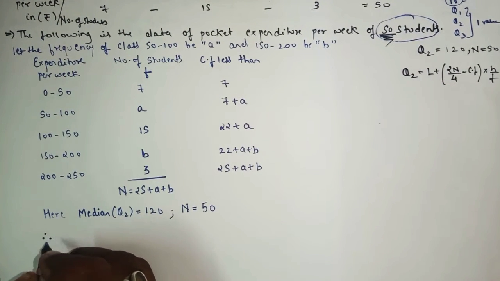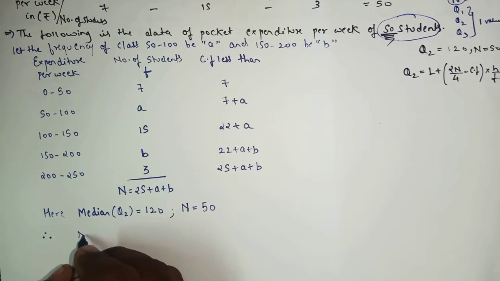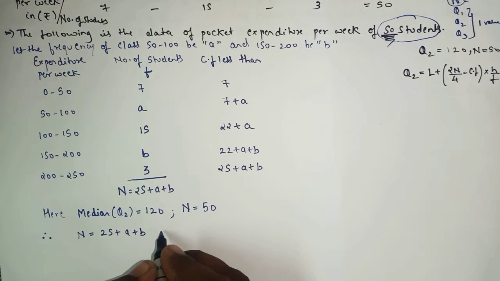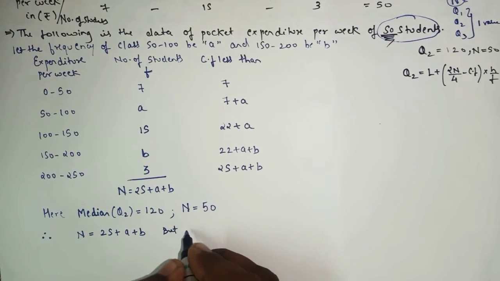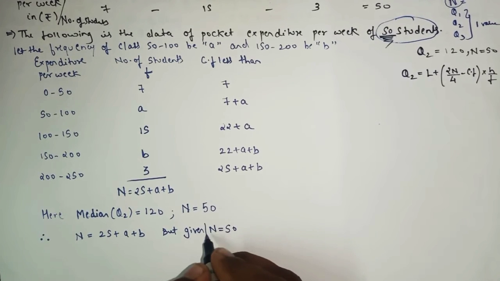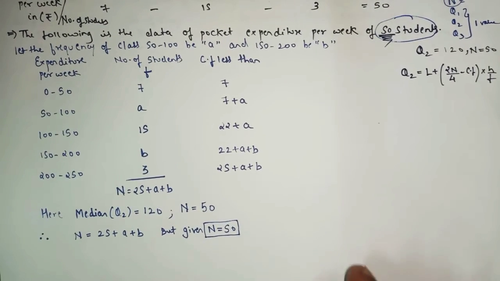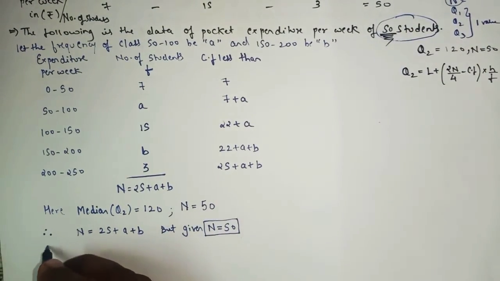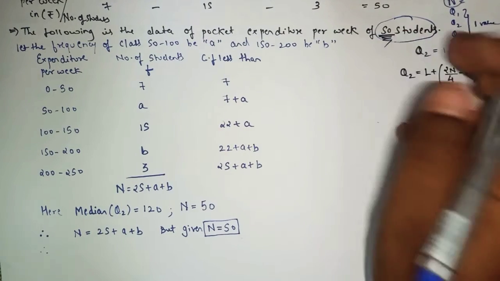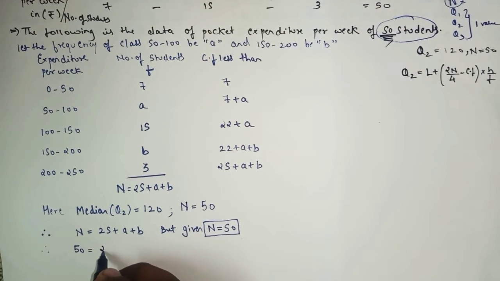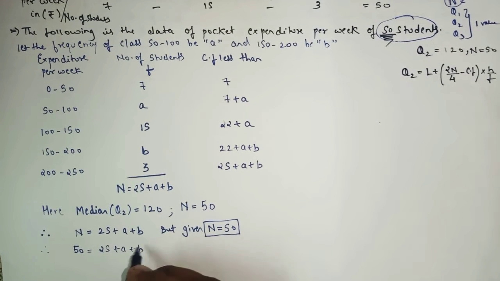Here we know that n equals 25 plus a plus b, yes or no? But we have the given value of n, the ready-made value given in the question, which we got after reading the question: the total number of students is 50. So in place of n we'll write 50, so 50 equals 25 plus a plus b, yes or no?